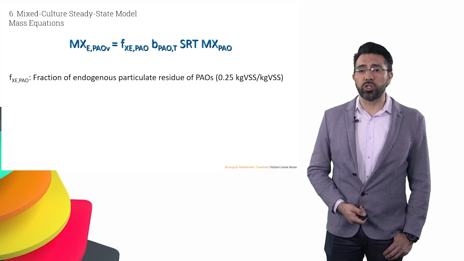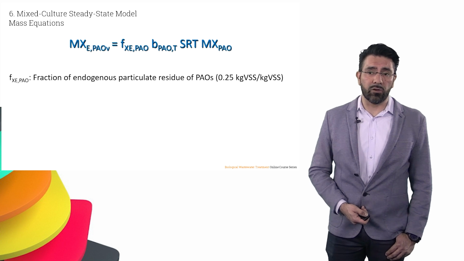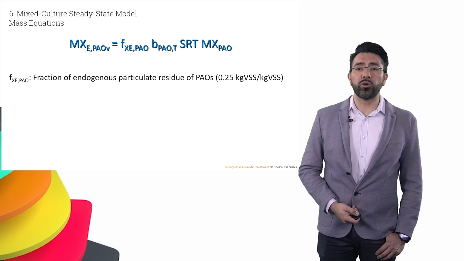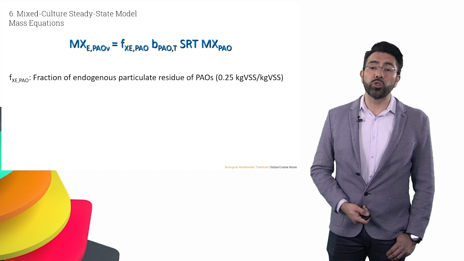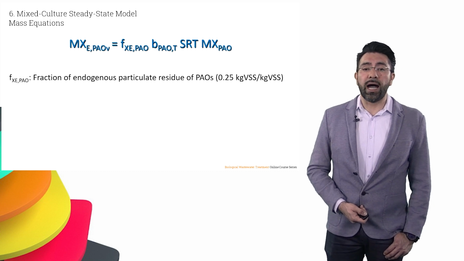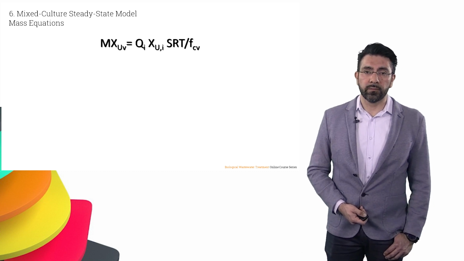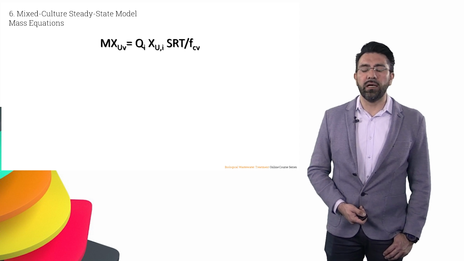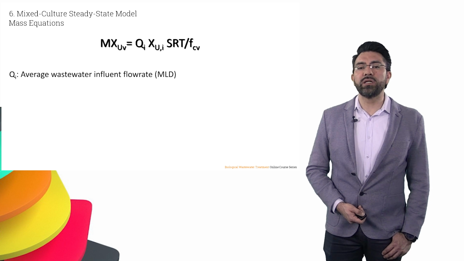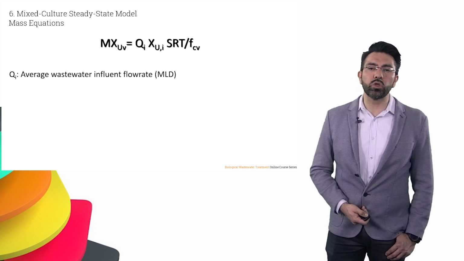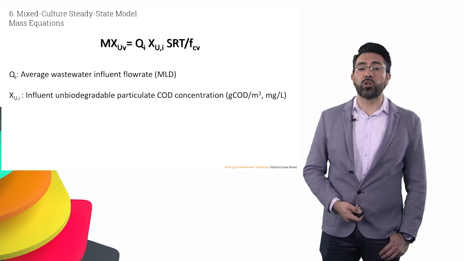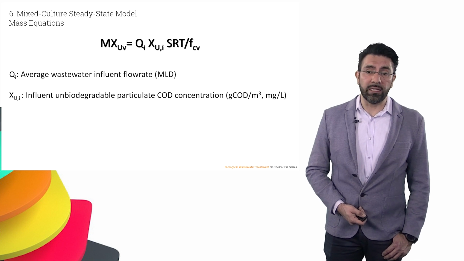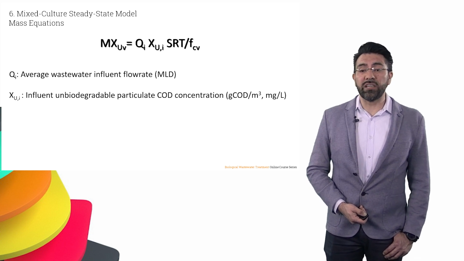PAOs leave behind around 0.25 kilos of VSS per kilogram of VSS, compared to the 0.2 that the OHOs are producing. The mass of unbiodegradable particulate organics we mentioned before is proportional to the amount that we have in the influent, so it's important to estimate what is the total or the average flow rate that the system is going to be receiving.